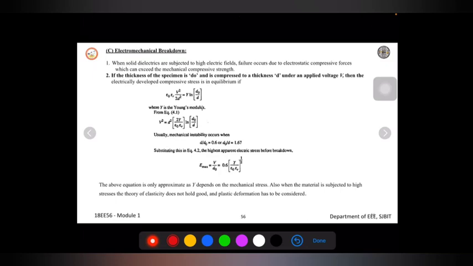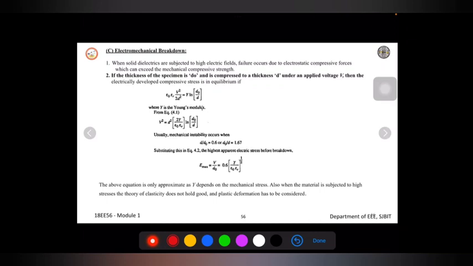When you consider a solid dielectric subjected to a very high electric field, the failure occurs due to electrostatic compressive forces which can exceed the mechanical compressive strength.